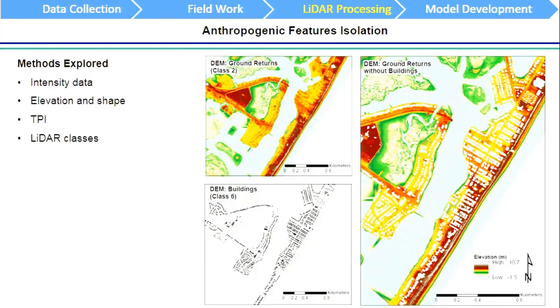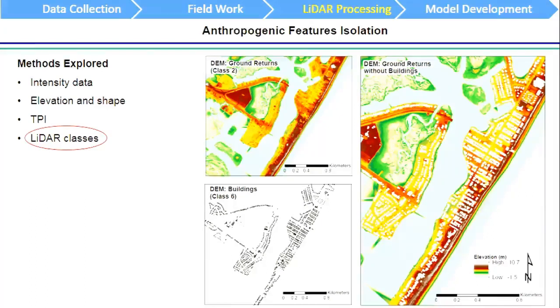On developed barrier islands, we had to extract the structures before we could run the model. And I tested several methods for isolating the structures, and finally we decided that the easiest thing to do was use the data already inherent in the LiDAR data. So LiDAR data, especially for more recent years, everything after 2010, comes already pre-classified with class 6 for all structures.